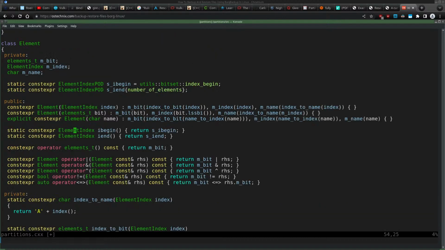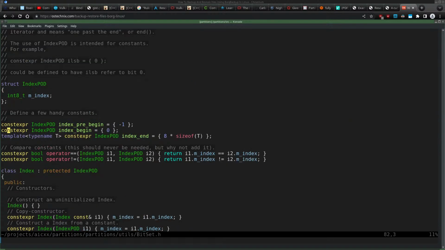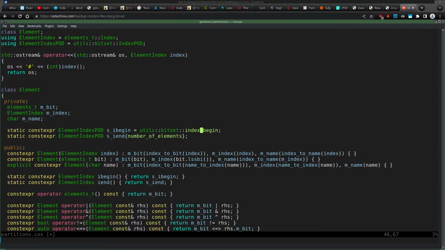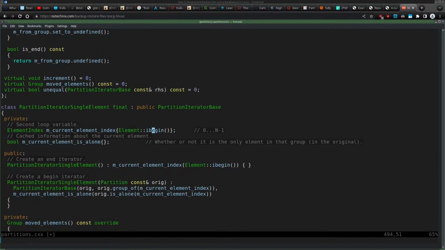It returns as I begin, which returns index begin, which happens to be 0. Therefore, I would expect that if I do not mention this thing here in the initializer list, it gets initialized like that. If that's not the case, then I'm very, very shocked.